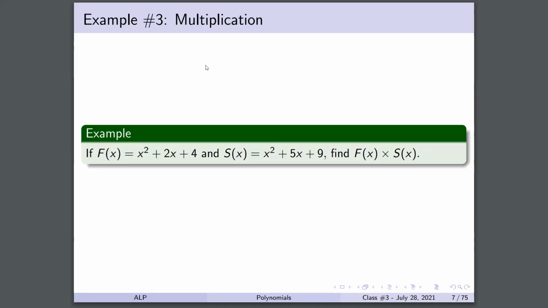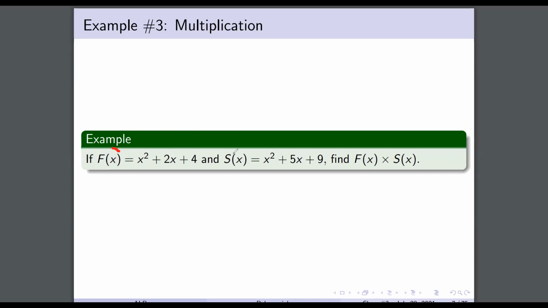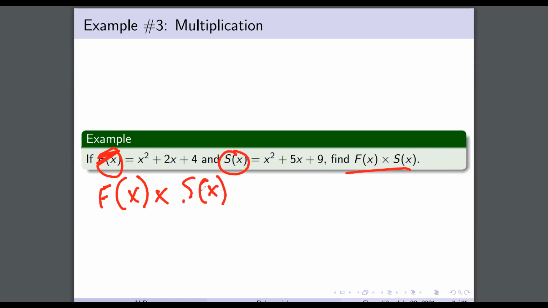Now we have multiplication of polynomials. We have f of x equals x squared plus 2x plus 4, and s of x. Then we have to find what f of x times s of x would be.